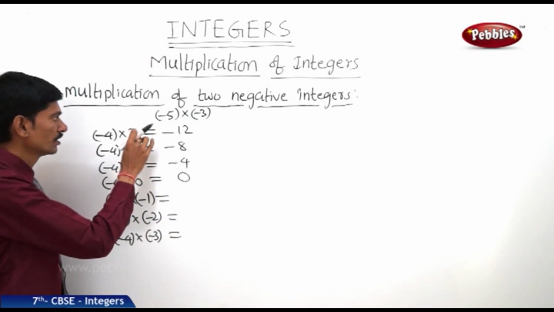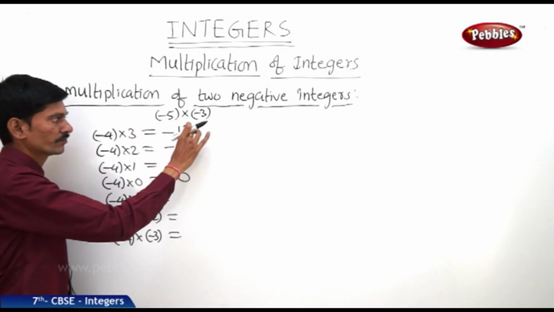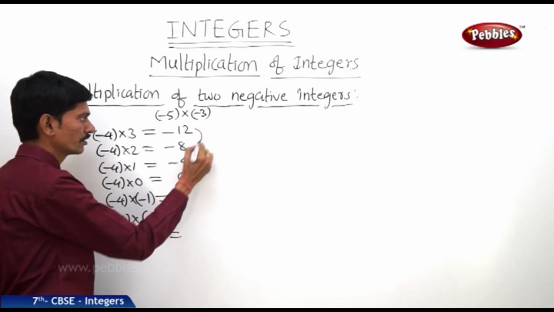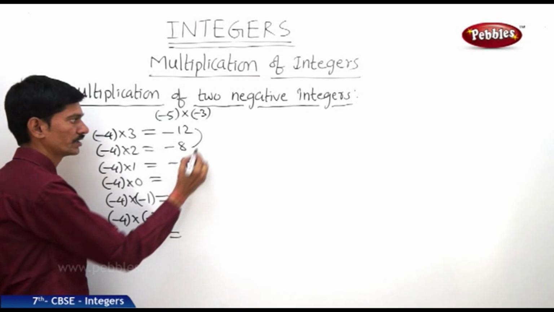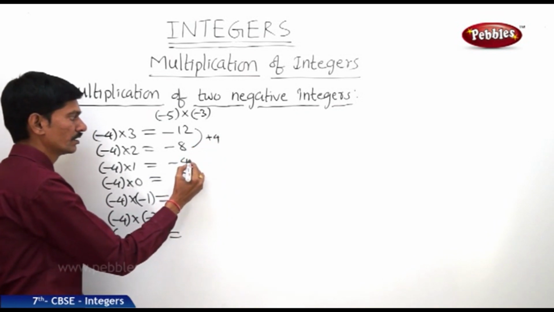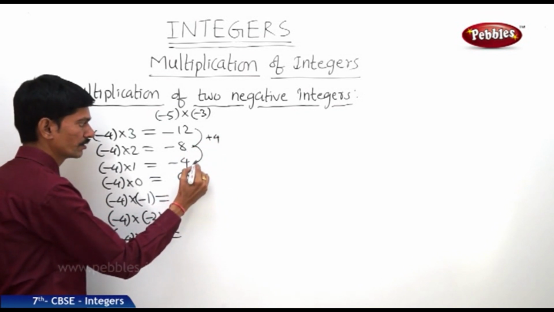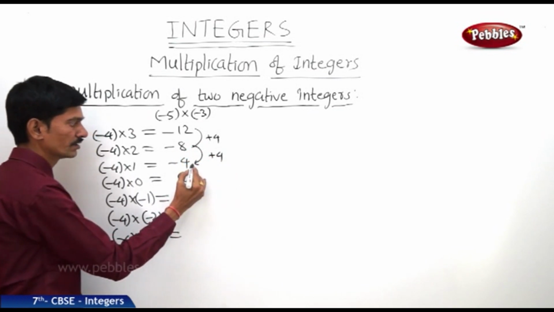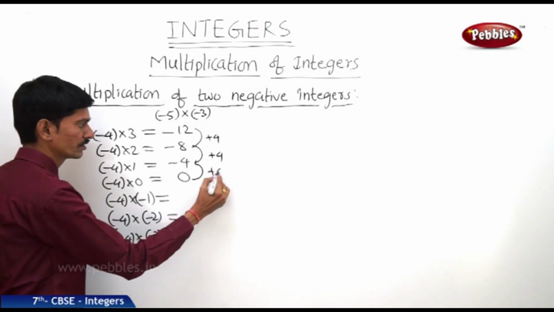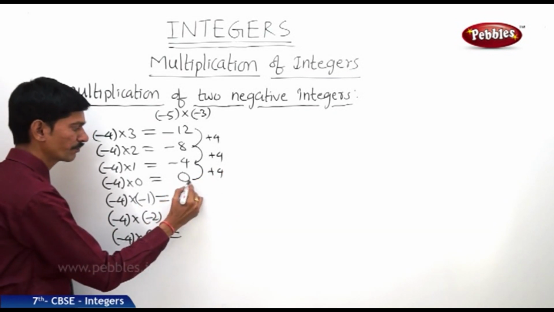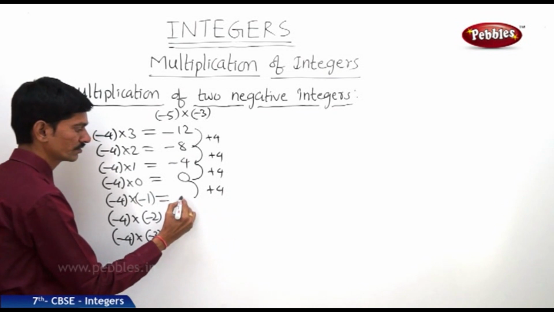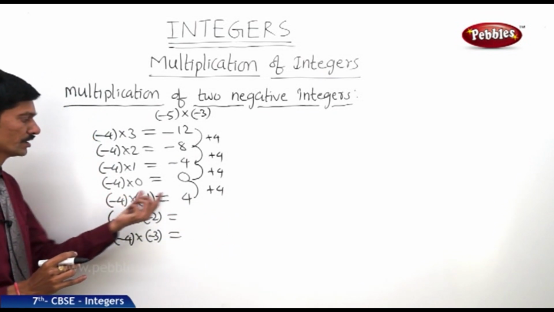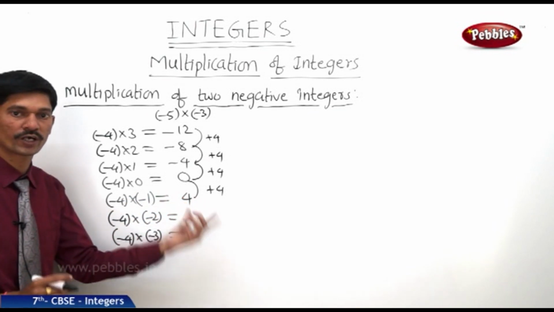So when you decrease the multiplier by 1, then the product is increased by 4, means minus 12 plus 4 is minus 8, and minus 8 plus 4 is minus 4. Then minus 4 plus 4 is 0. Then 0 plus 4 is 4.